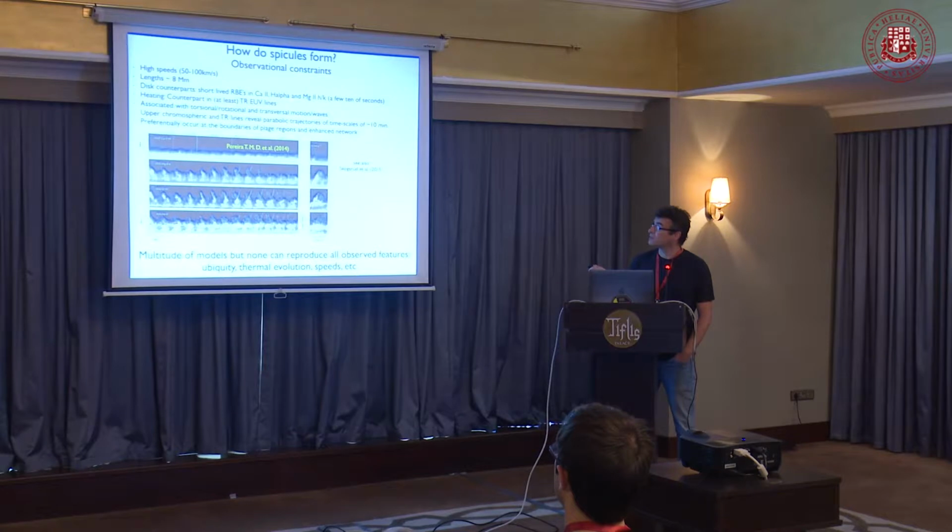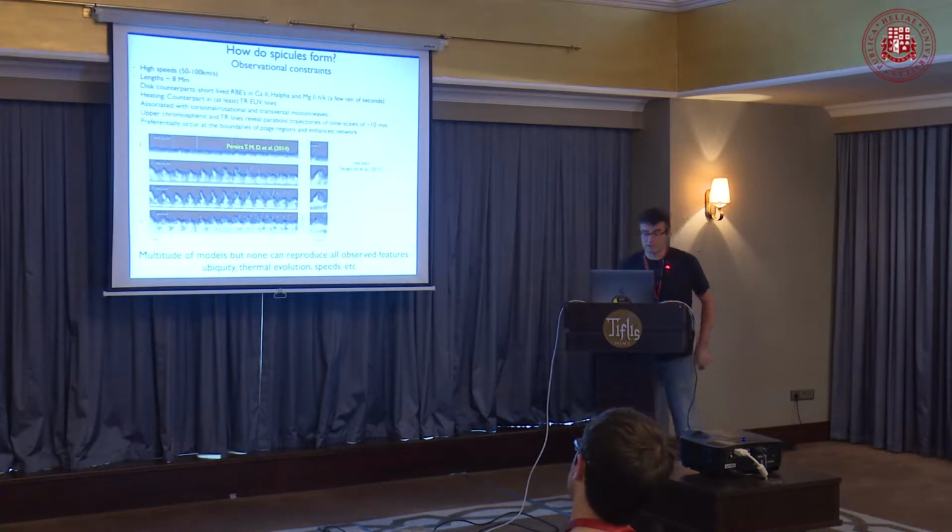In calcium, H-alpha, and magnesium, they look like these excursions in the blue and red wing that don't live very long, only a couple of tens of seconds. We know that there are counterparts in the transition region, the UV lines, and we know that there's a variety of transverse wave modes associated with them, and that they undergo parabolic trajectories.